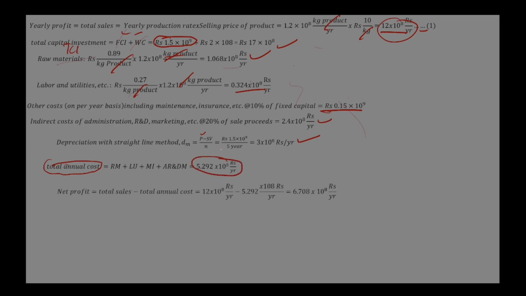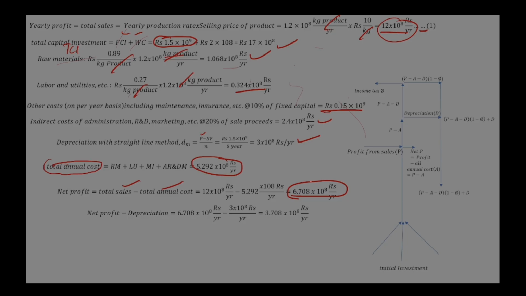Now net profit is total sales minus total annual cost. We have to subtract the depreciation. So we are here right now. On this value we will apply income tax.